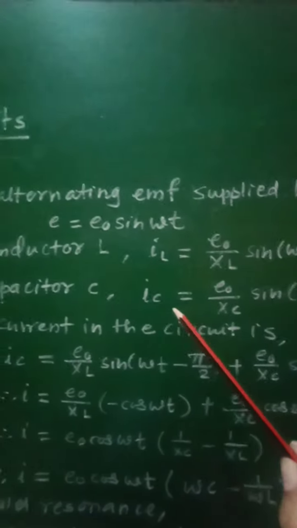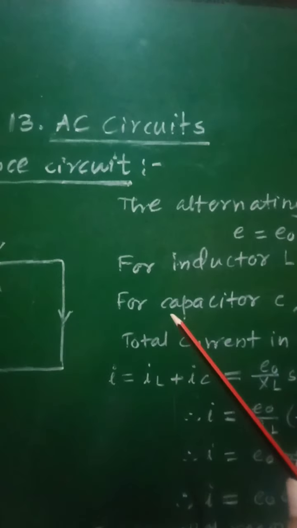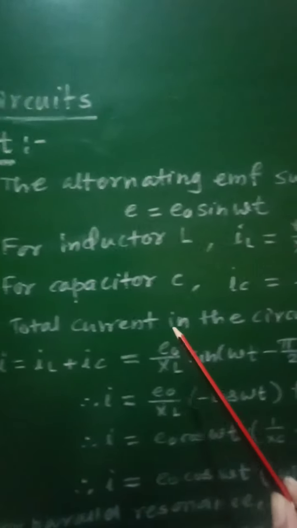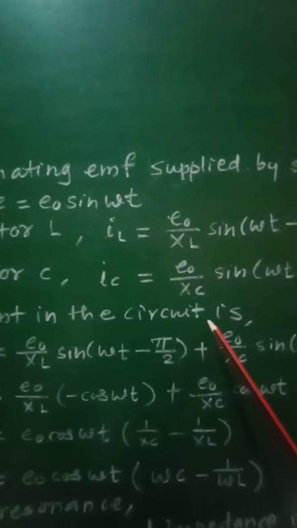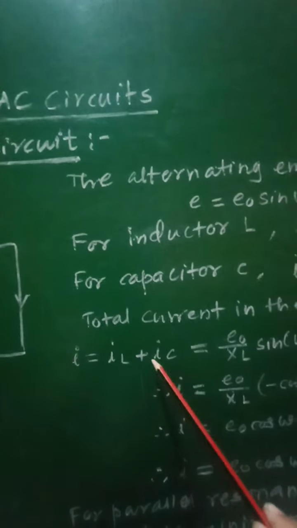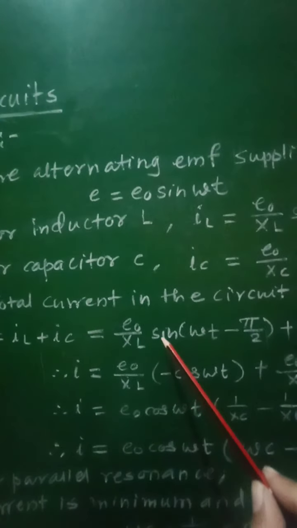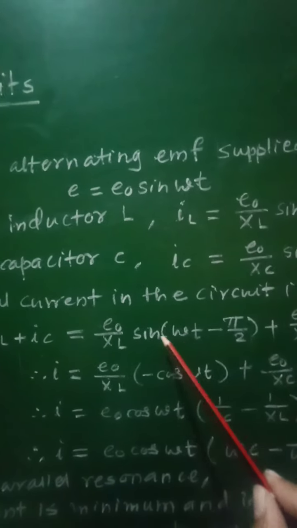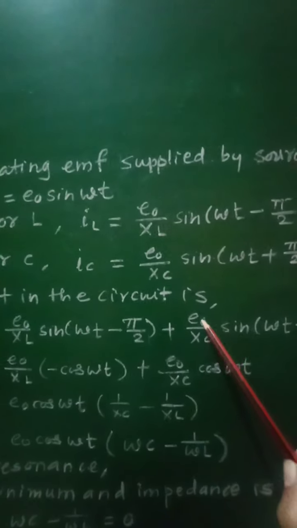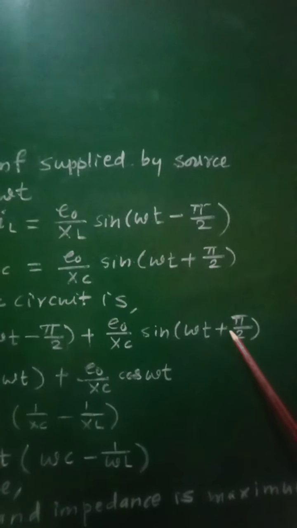Therefore the total current in the circuit at any instant of time t will be given as I is equal to IL plus IC, and therefore it will be written as E0 upon XL sin omega t minus pi by 2 plus E0 upon XC sin omega t plus pi by 2.